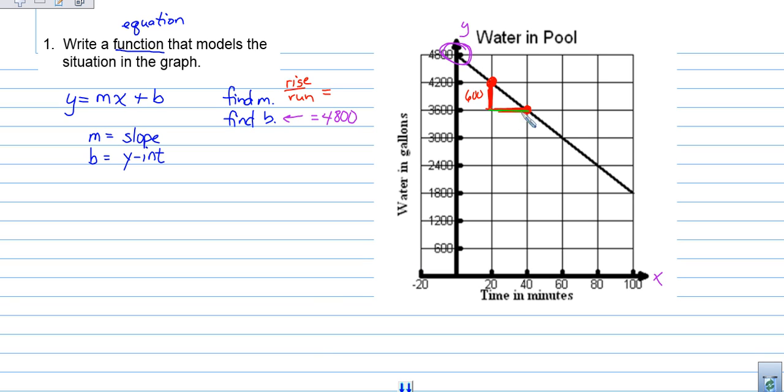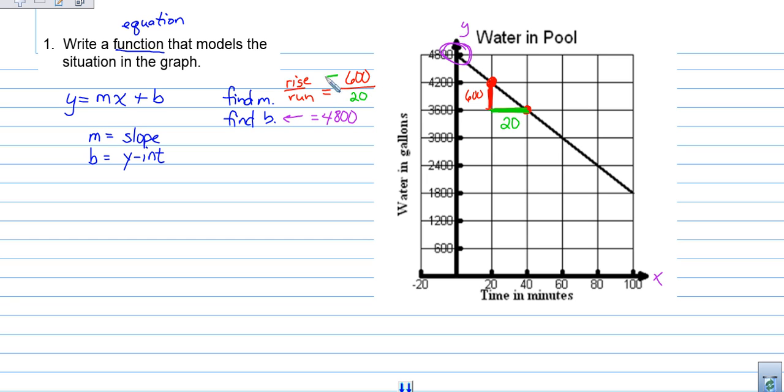And then if we look here, it goes left and right. It goes from 20 to 40. Well, that's 20 spaces. And then it's rise over run, so that'd be 600 over 20, and then ask yourself, is it a positive or a negative graph? If you read from left to right, is my pen going down or is it going up? And it's going down.